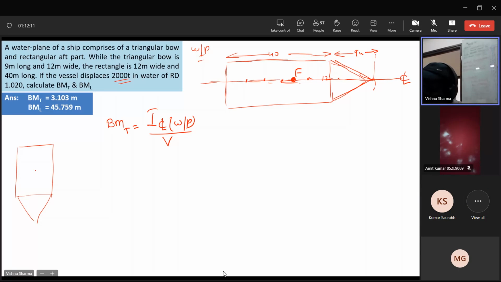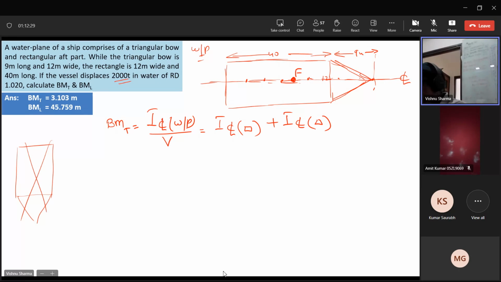Now, if I rotate it 90 degrees, will this become the shape in question now? Yes or no? Yes, sir. Correct. So this will be equal to ICL of rectangle plus ICL of triangle, which you already did, this is COP repeat now, upon volume of displacement.